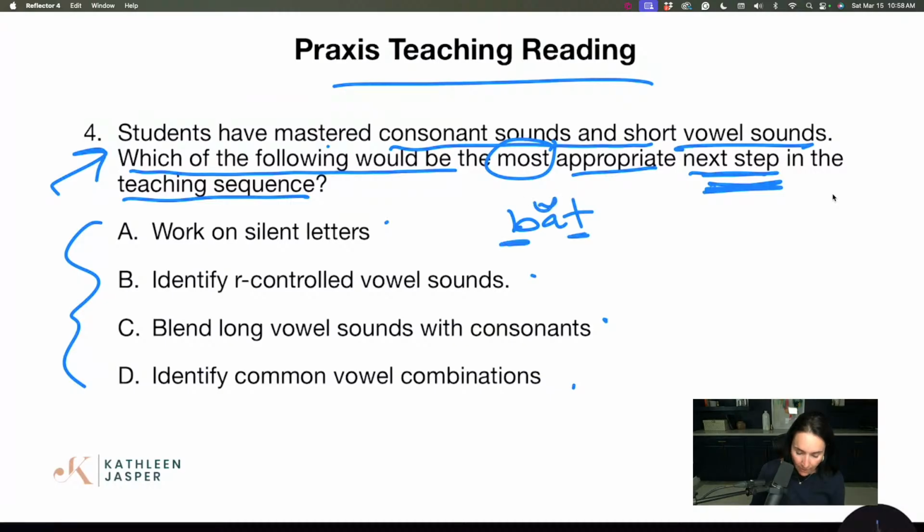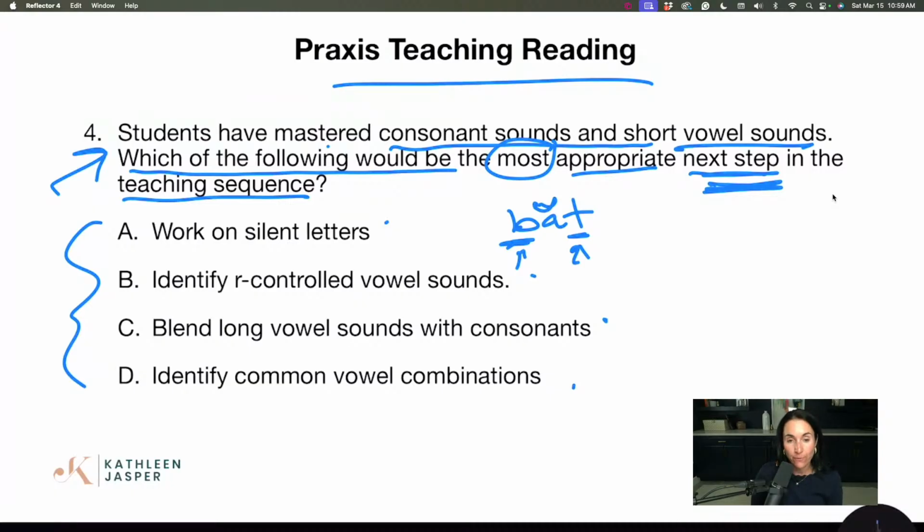Consonant, short vowel sounds. Now, this could be phonemic awareness, phonological awareness, but as I look at the answer choices, I can see that this is a phonics question. We're still talking short and long sounds and consonant sounds. We're just looking at the letter. When we look at the letter here, this is phonics. So consonant, short vowel, what's the next step?